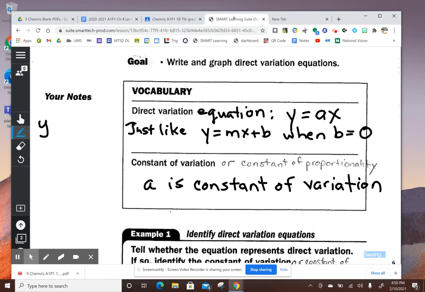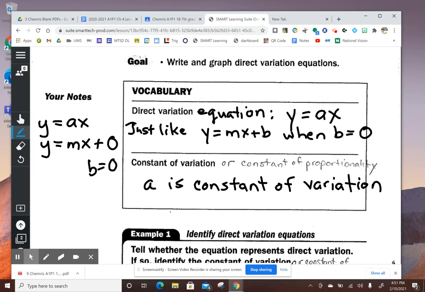So, although we call it y equals ax, a and the slope are always the same when b equals 0. Okay? So, you can think of the direct variation equation as y equals mx plus b when b equals 0.